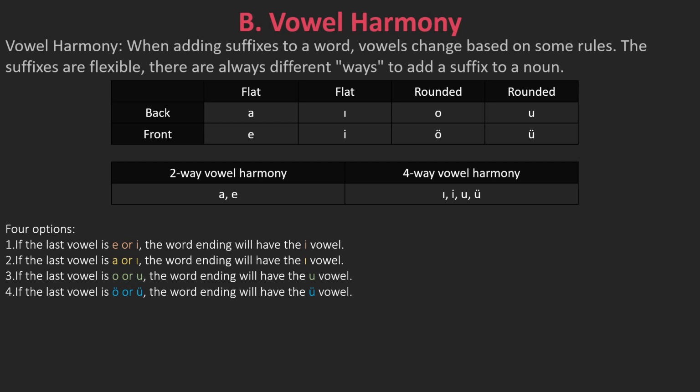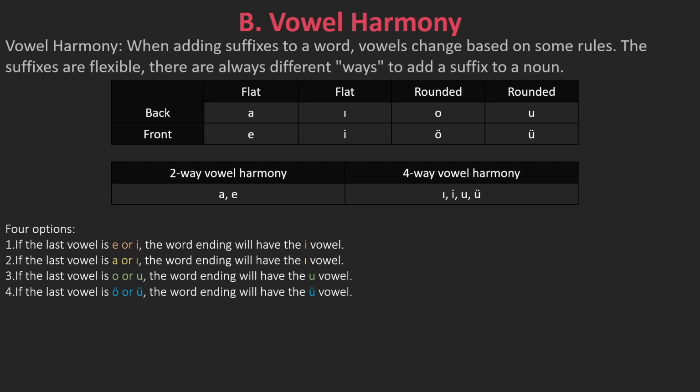So you can do the agglutination step by step. First step, if it is two-way or four-way, and then if it is four-way, for example, you can follow these options. And I wanted to give an example on how to use this table or how to follow these options.